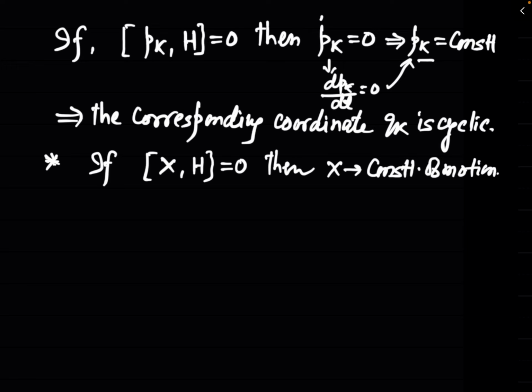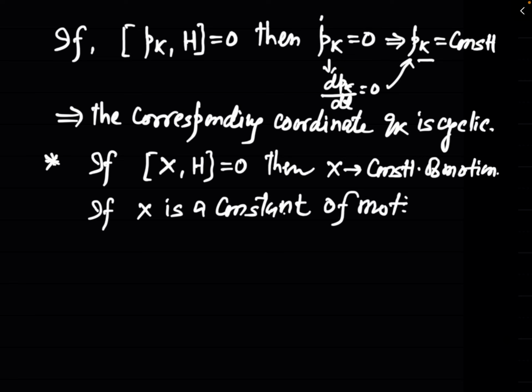And its converse is also true. You can also say that if x is a constant of motion, then Poisson bracket of x and h will be equal to 0.